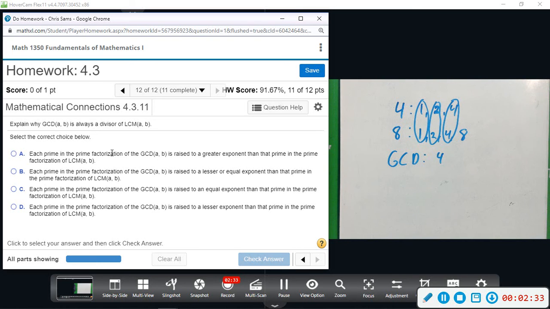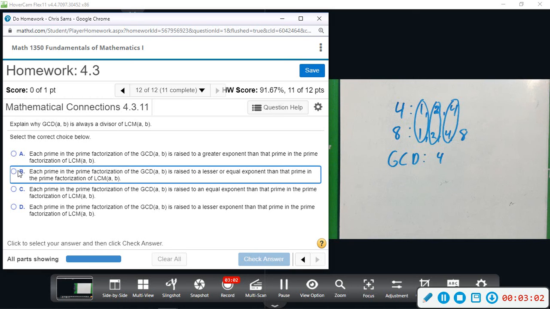Each prime in the prime factorization of the greatest common divisor is raised to a greater exponent than that prime in the prime factorization of the LCM. That would be backwards. Each prime in the prime factorization of the greatest common divisor is raised to a lesser or equal exponent than the prime in the prime factorization of the LCM.